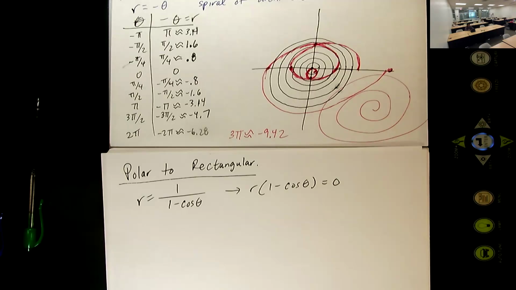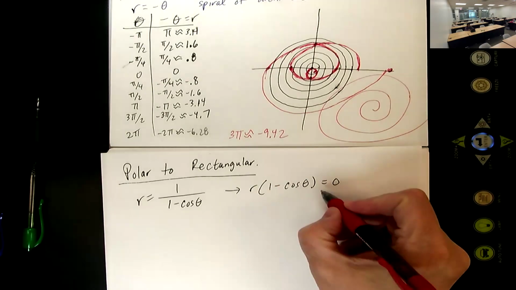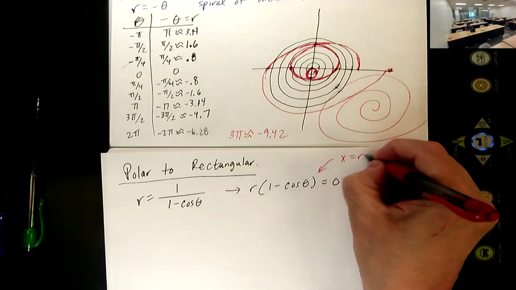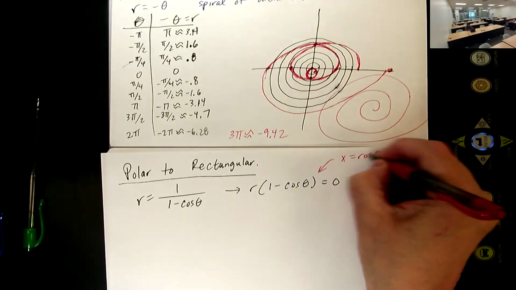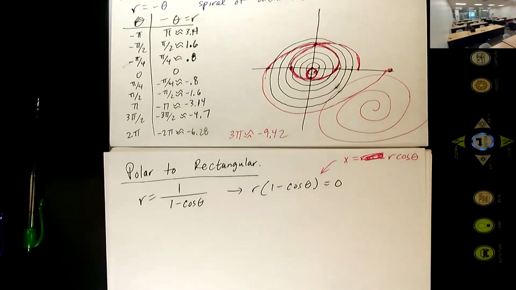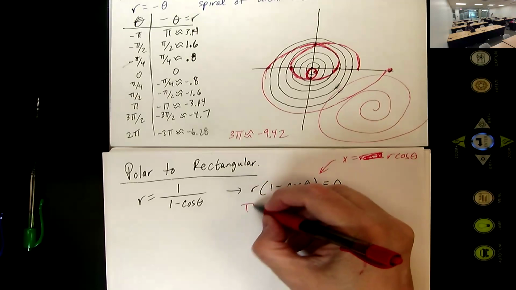There is an advantage at this point to, instead of jumping straight to it, recognizing x equals r cosine theta. This might be easier if I just multiply by r.